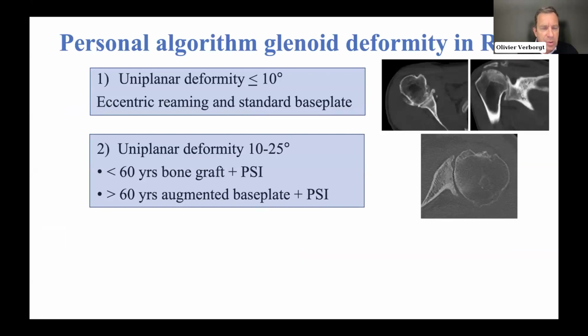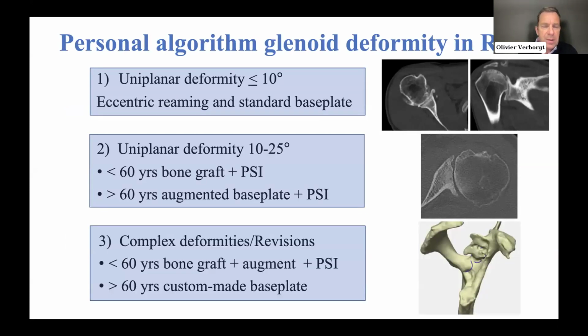In older patients, I do not rely on bone graft healing anymore, and I will use an augmented base plate with PSI. In complex deformities and revisions, you may need either the combination of bone graft augments and PSI, or in older patients, use a custom-made base plate.